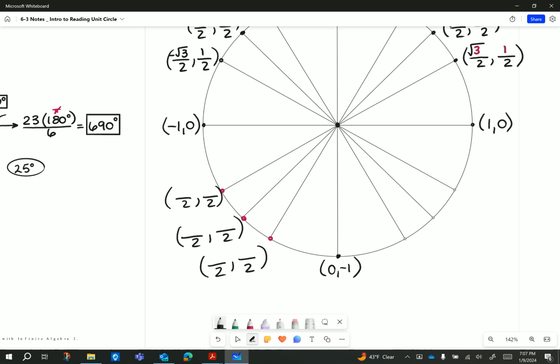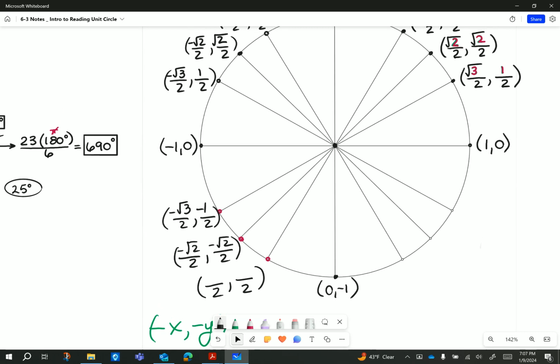But now we know in this quadrant, I forgot to mention, my x's are negative and my y's are negative. So this one here is going to stay negative, and this one becomes negative. This one is going to stay negative, and this one becomes negative.